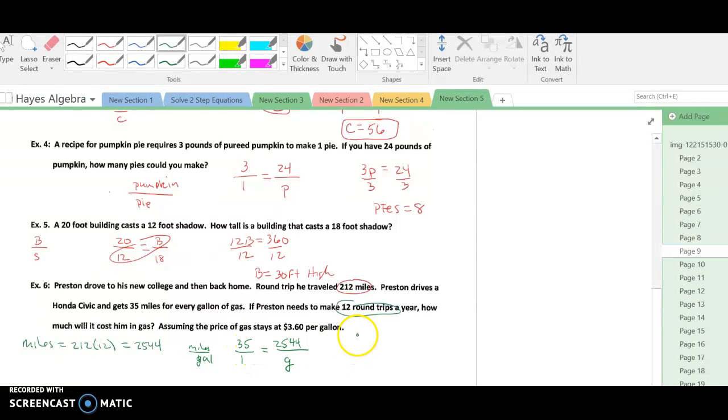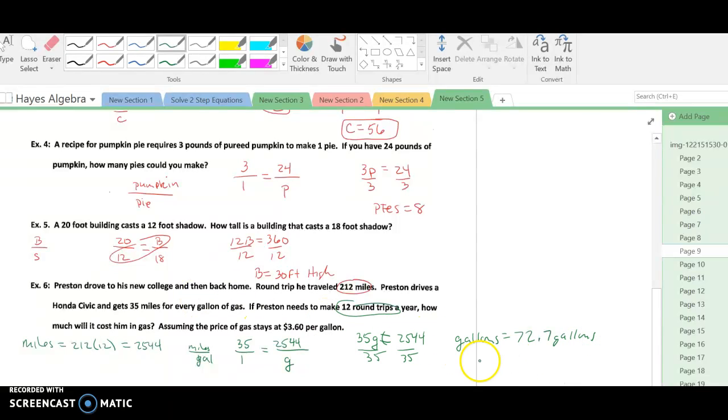Well, when I cross multiply, 35G equals 2,544. And when I divide by 35, the number of gallons needed would be 2,544 divided by 35, which would be about 72.7 gallons.